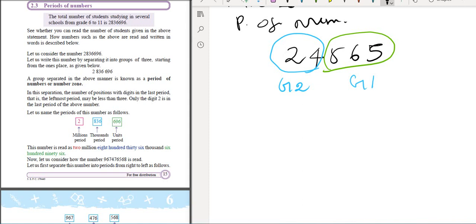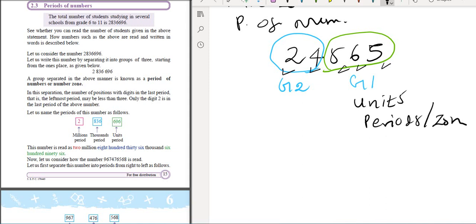The place values of these digits are ones, tens, hundreds, thousands and 10,000. What is this zone called? The units period, or number zone.